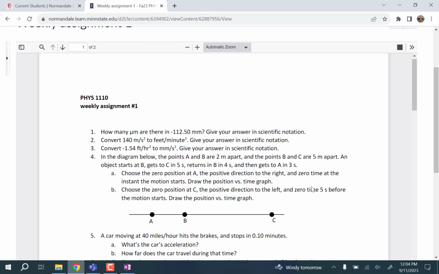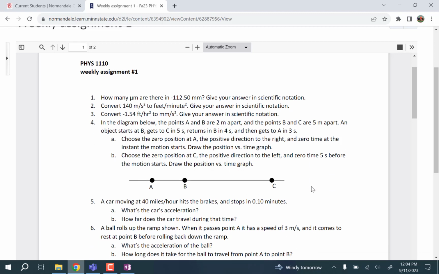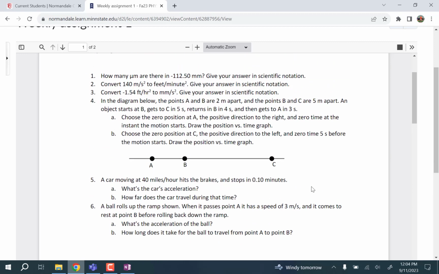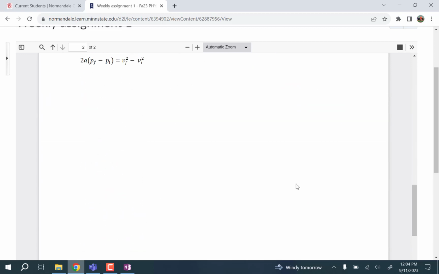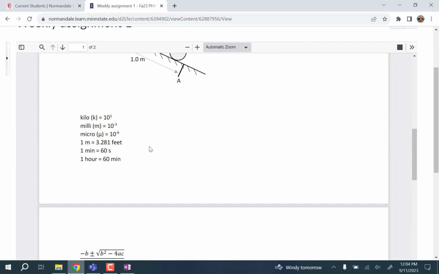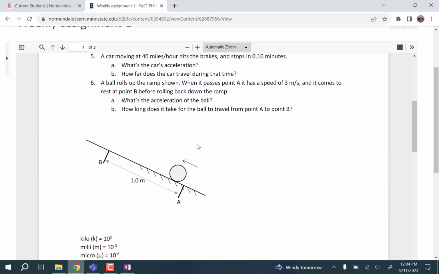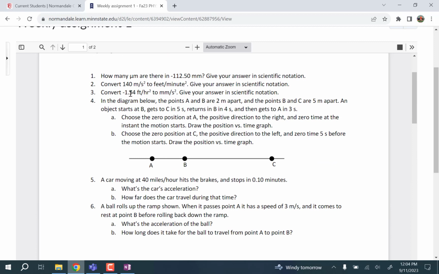Okay. Yeah, so you can use any conversions you want, so you can use meters directly to feet. I guess I give you some. Oh, I give you the ones to use down here. So meters to feet, minutes to seconds. So you have all that stuff. So just when you write this, remember to start it out as 140 meters divided by seconds times seconds, and then just go through the conversions from there.